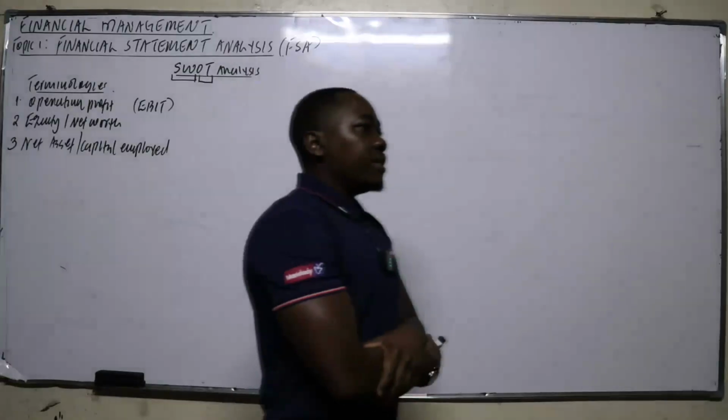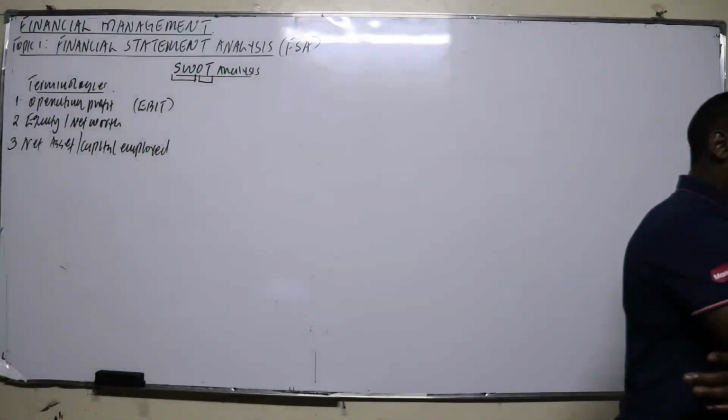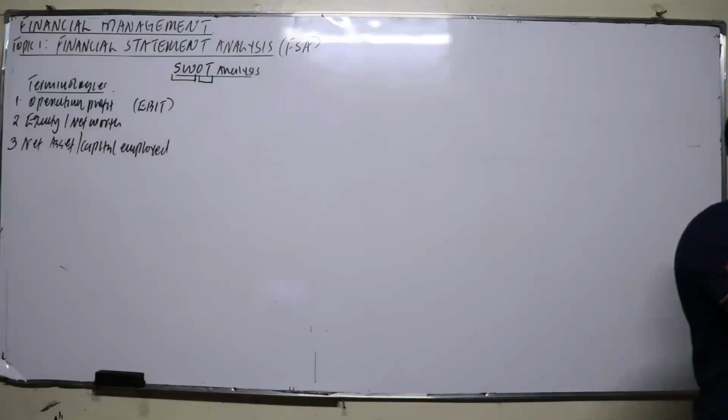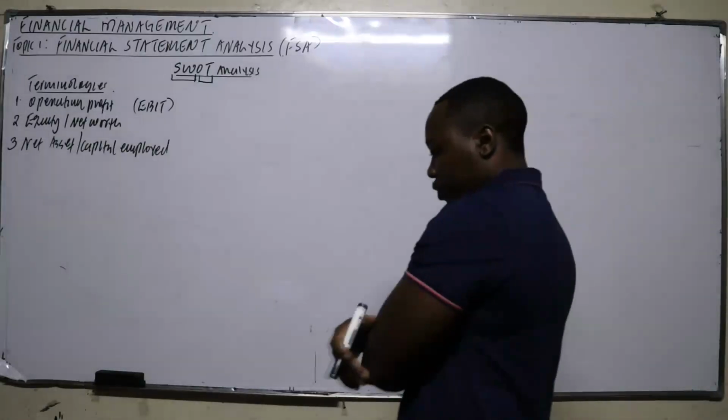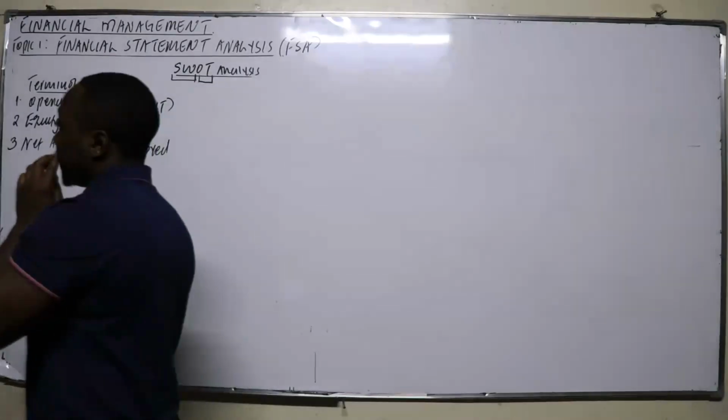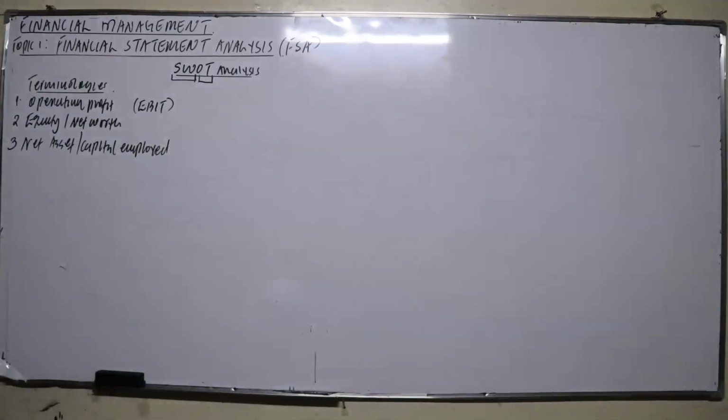This is total assets minus current liabilities, or equity plus long-term debt. Yeah, that's what we call the net assets.